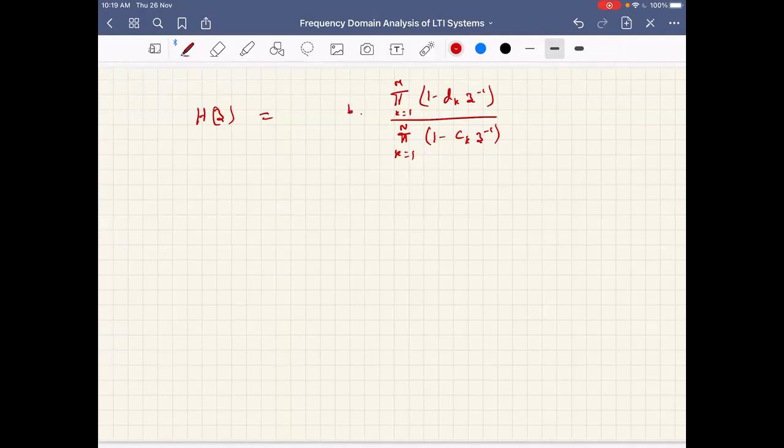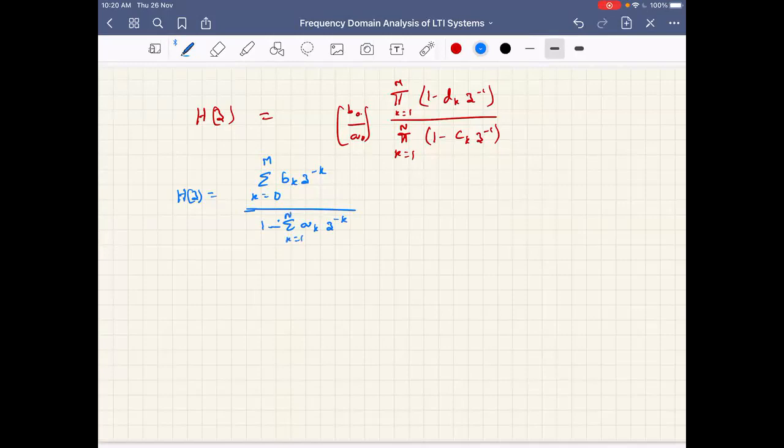Here we are defining it in terms of CK and DK. The relation between them is, in the previous discussions, we defined H of z as sigma BK z power minus k, k equal to 0 to m, divided by 1 minus sigma AK z power minus k, k equal to 1 to n.